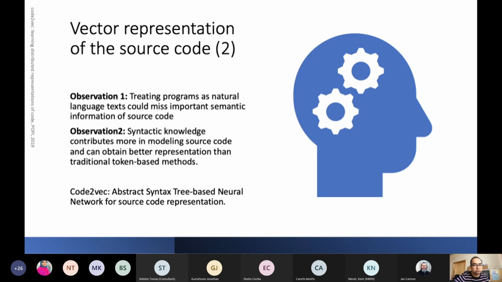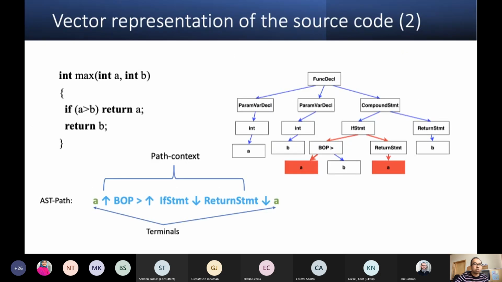Which basically represents source code using an abstract syntax tree. To give an example, consider this max function that basically calculates the max of two numbers, with two parameters a and b, and we have an abstract syntax tree representation here. The root is the function declaration of max, and it has the param declarations.